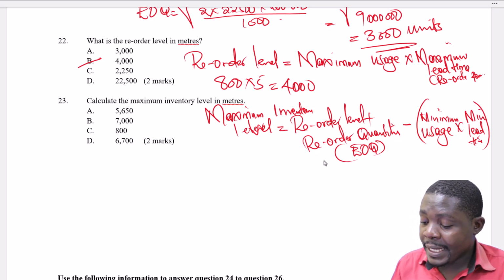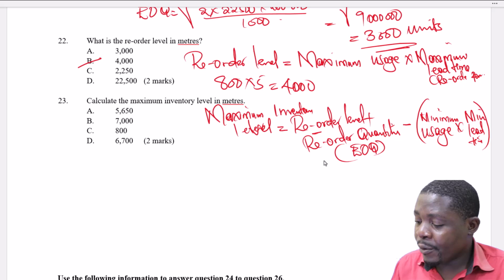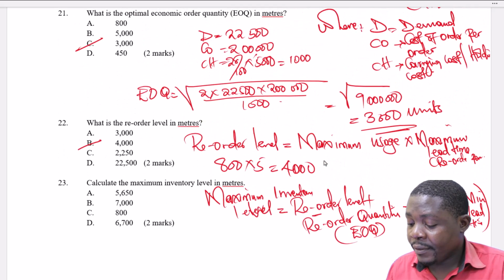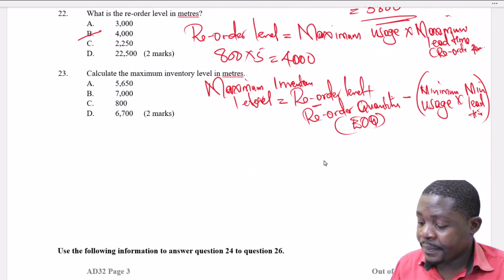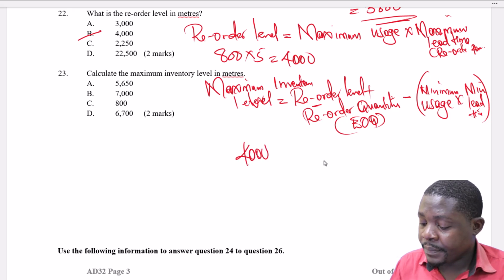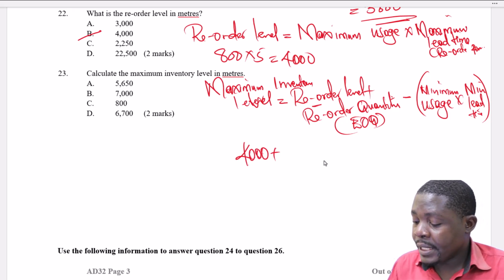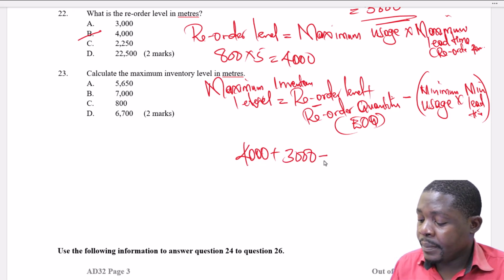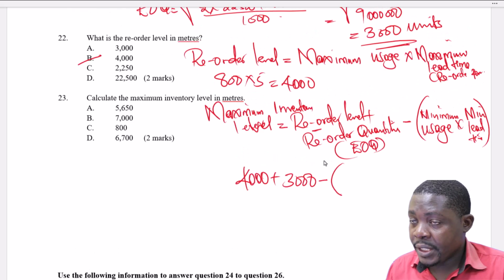The reorder level we have quoted is 4,000. Plus we had EOQ, which was 3,000, minus minimum usage.